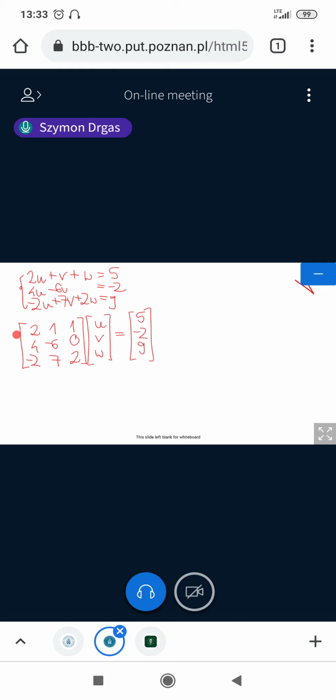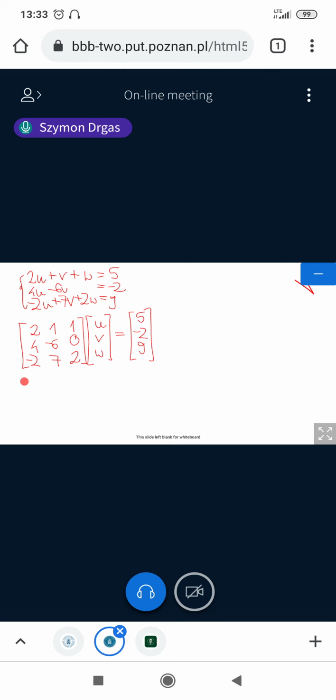So we can see as these two systems are equivalent, so we can find what is the rule of multiplication of a matrix by a vector.